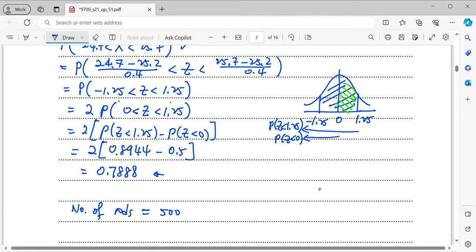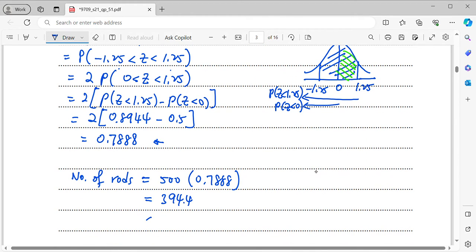So the number of rows out of the 500 rows in the sample will be 500 times 0.7888, which gives 394.4. Then I can round to 3 significant figures as my final answer, so it will be approximately 394. Okay, so this is the solution for question 2.